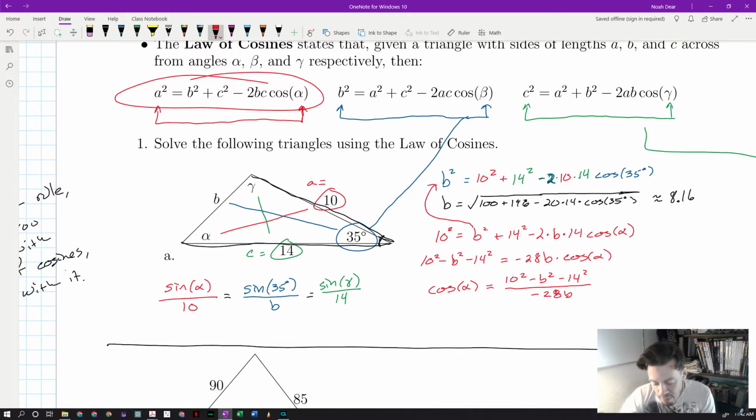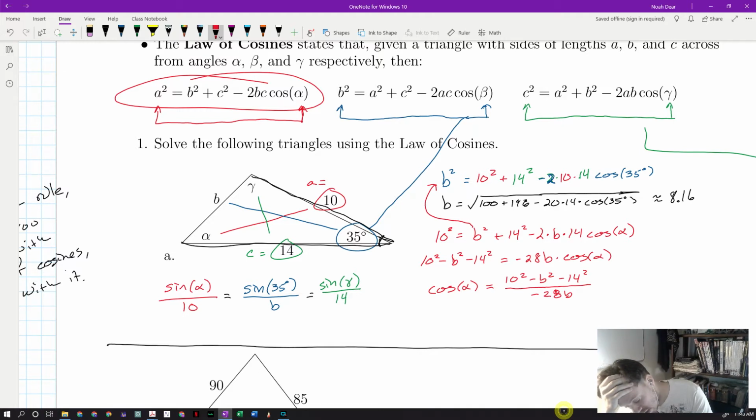And then we can plug in the 8.16 for b here and just throw this into the calculator. Or we could be real precise and use the exact values for b using the square root of 100 plus 196 minus 20 times 14 times cosine of 35 if we were in a situation where we needed to be extremely precise.